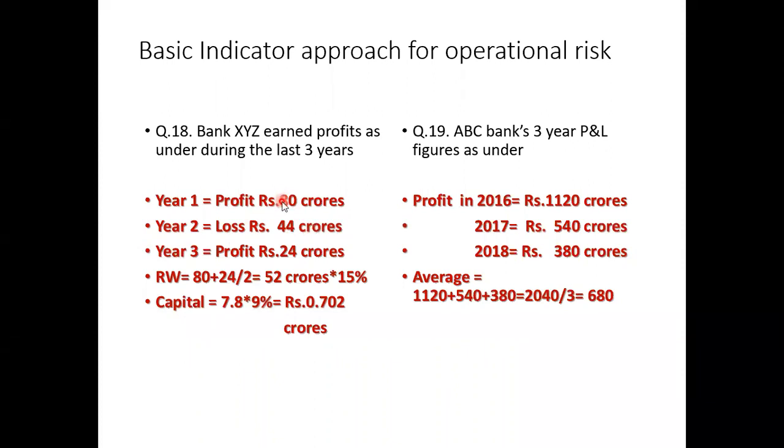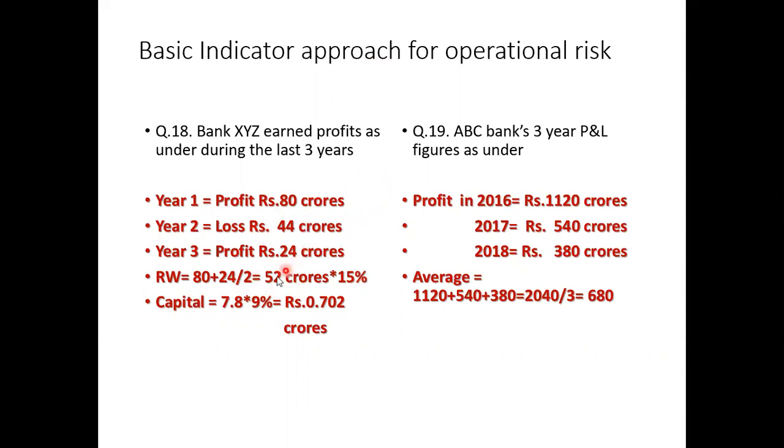So 80 profit, 24 profit, 80 plus 24, 104 by 2. Now don't put 3, only 2 years. This year totally ignore. So 52 crores and alpha is 15%. This is the basic indicator approach, alpha factor.